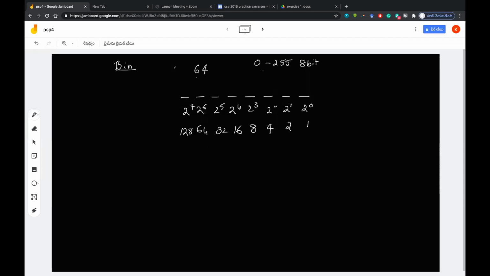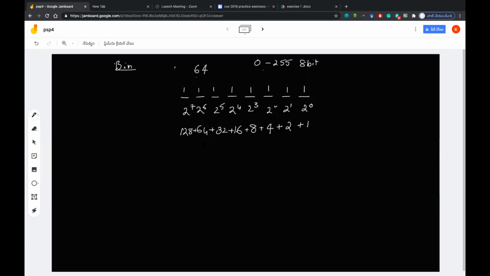If you want to add, this means that you should switch on these bits. If I say these bits are all 1, that means they're all on, so everything should be added. But I have given 64 as the number.